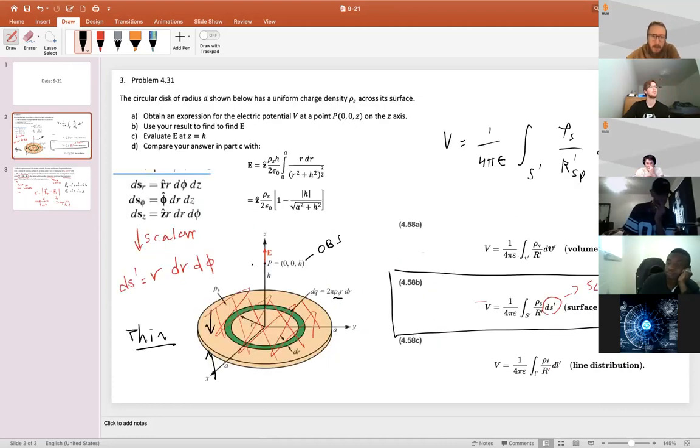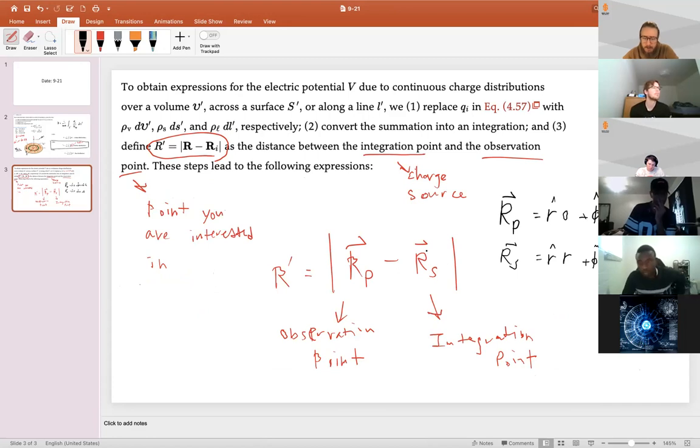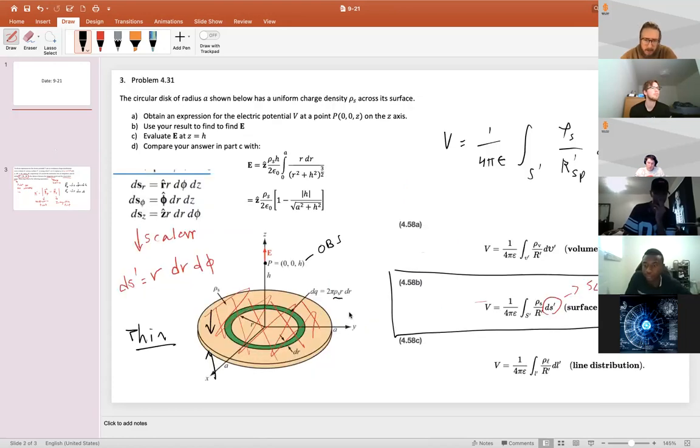But really it's irrelevant, because we're trying to draw ultimately what this is: the magnitude from a source point to an integration point. Let's say it's this point.